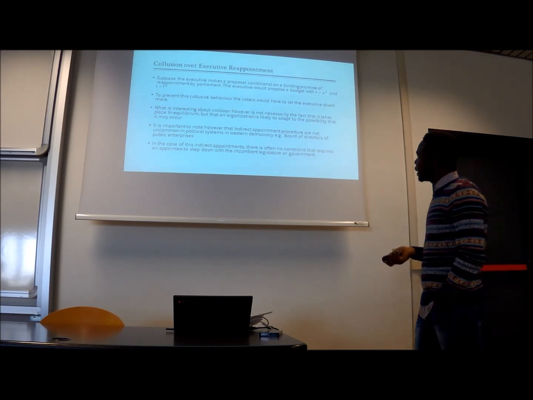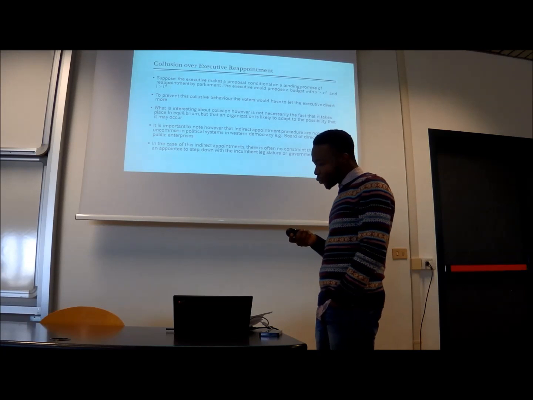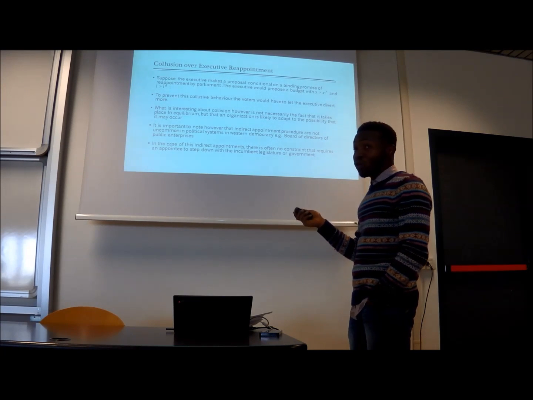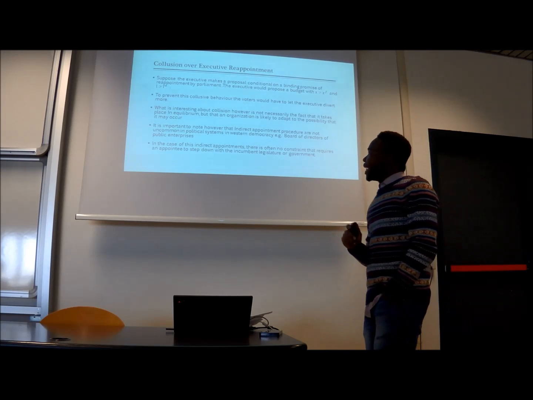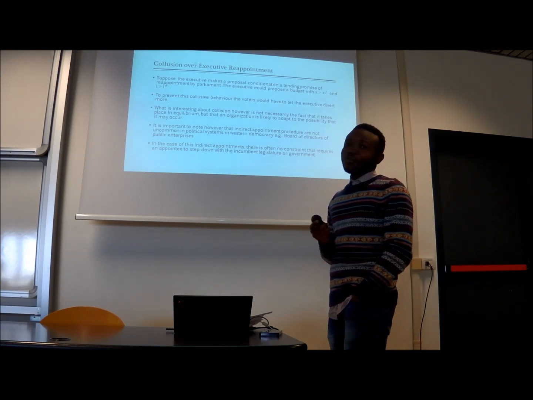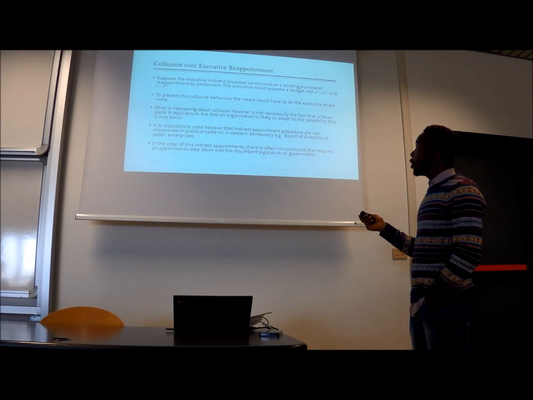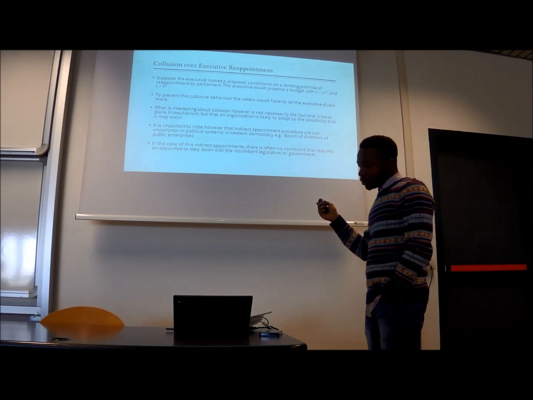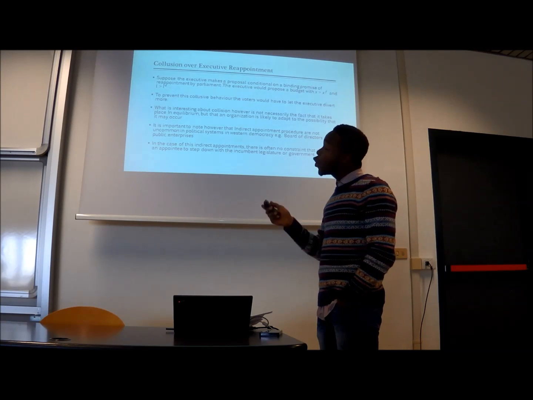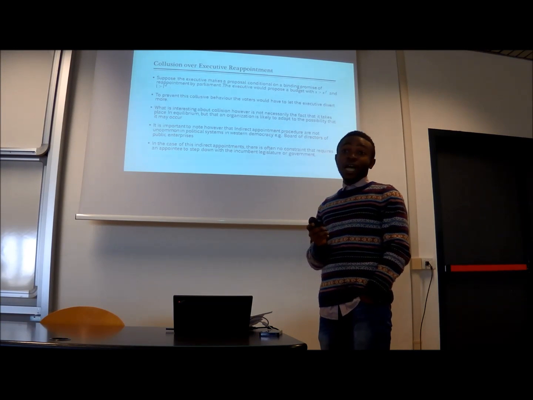Okay, in this case too, it was talking about a tendency for collusion over executive reappointment. But the good thing about this paper is that it is not oblivious to the fact that collusion can occur.